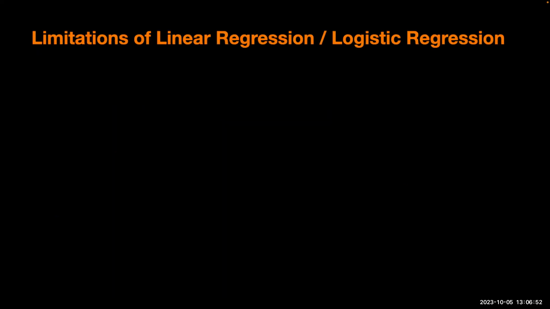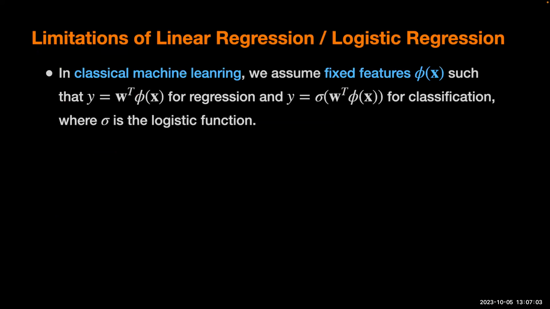Let's start by talking about the limitations of the classical methods. We have seen linear regression and logistic regression. Just to recap, in the supervised task, we assume the output y depends linearly on x, meaning I will do w dot x.